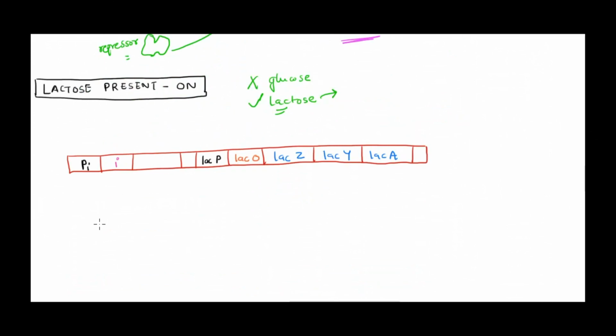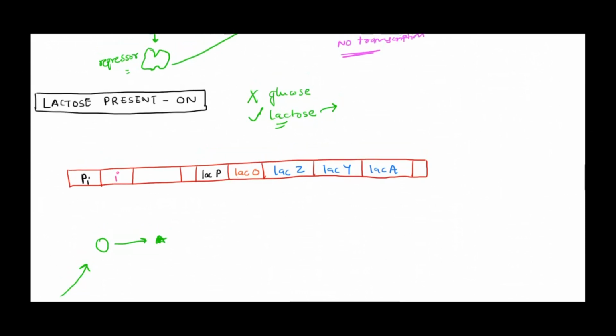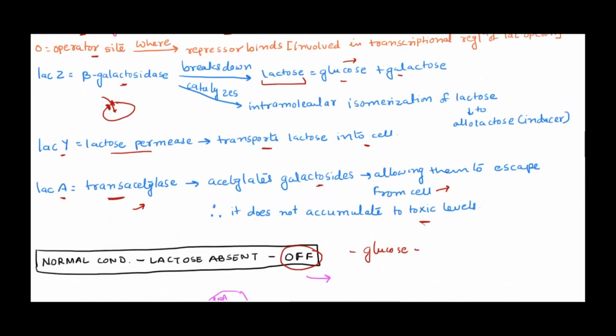If lactose is present in the environment, some molecules of lactose would be taken up by the bacterial cell. This lactose would be converted into an isomer of lactose, that is allolactose, by the beta-galactosidase enzyme itself.